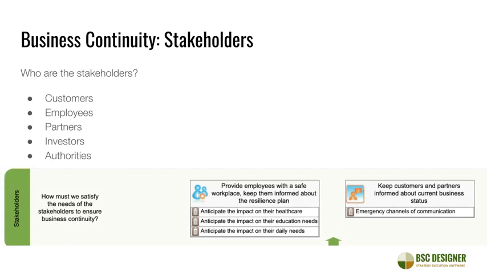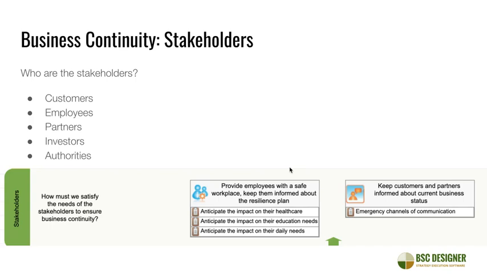That's what we have here on the strategy map template. We have these two goals that mostly focus on employees and customers. So for customers, we're supposed to create some emergency channels of communication to be able to communicate to customers effectively, especially in crisis time.